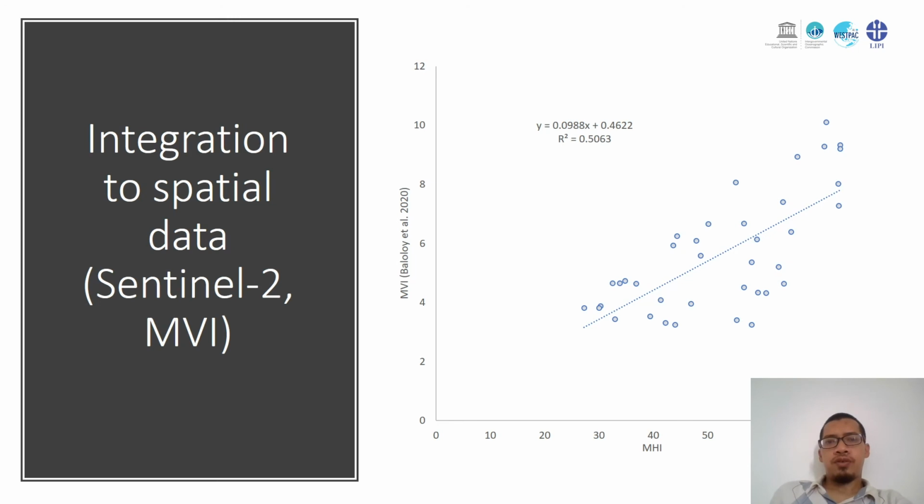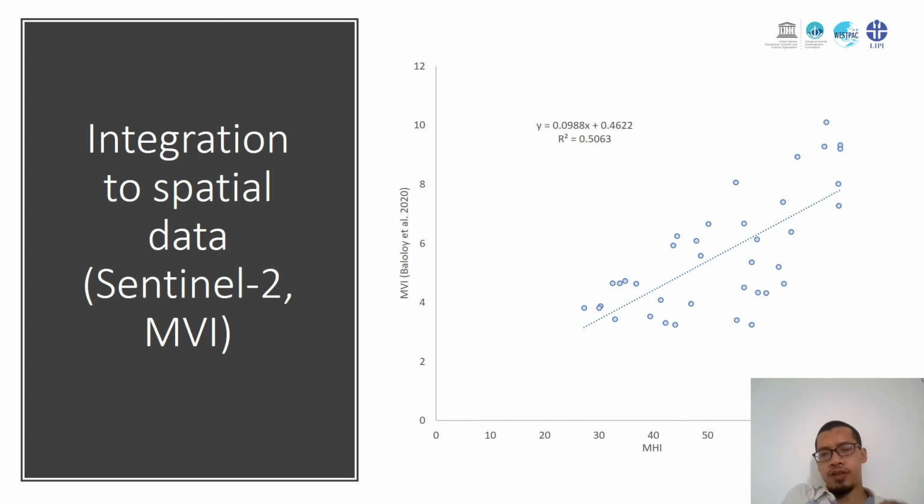Then we try to find out the correlations between the mangrove health index and spatial data. Here we use Sentinel data, and we choose the mangrove vegetation index proposed by Baloloy et al. 2020. I bet you know this mangrove vegetation index that you have learned already from previous sessions in this training.